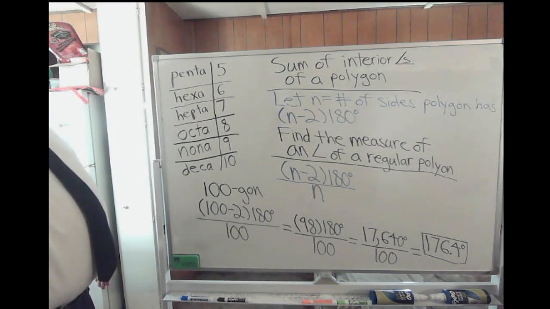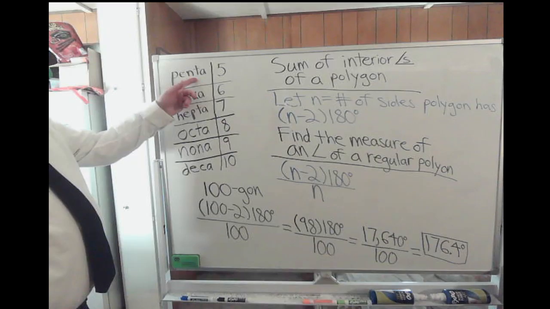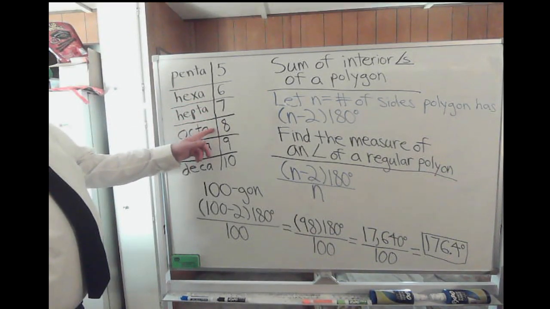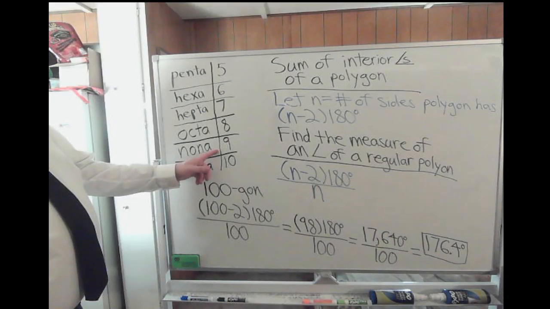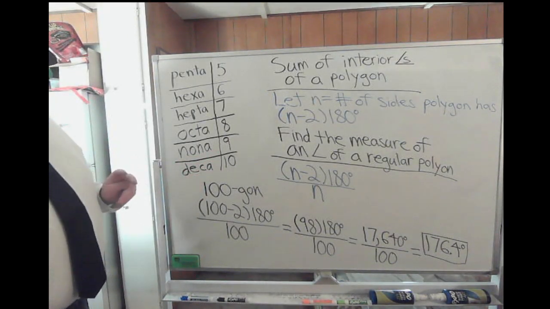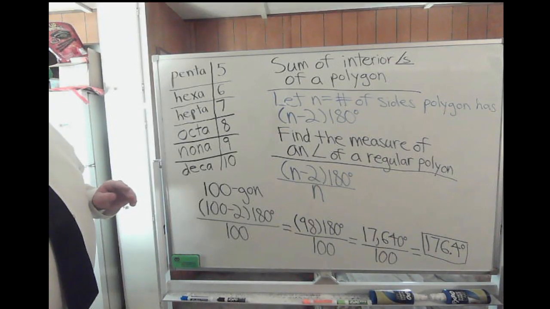And then what we did, we kind of drew some polygons, like some pentagons. Penta means 5, hexa means 6, hepta means 7, octa means 8, nona means 9, deca means 10. If you go beyond 10 sides, you just start calling it an 11-gon, a 12-gon, a 100-gon, a 500-gon, what have you.